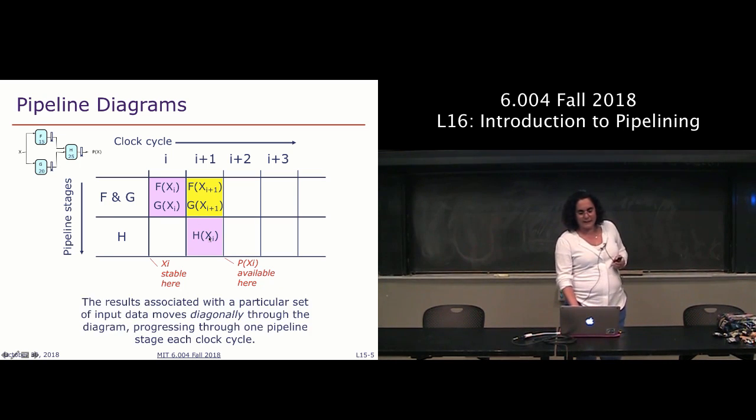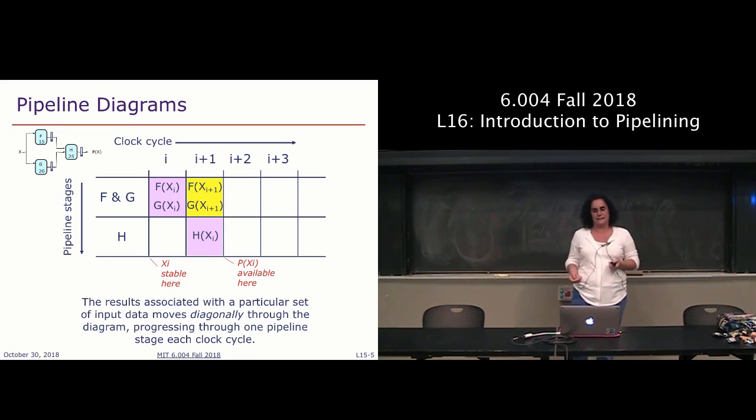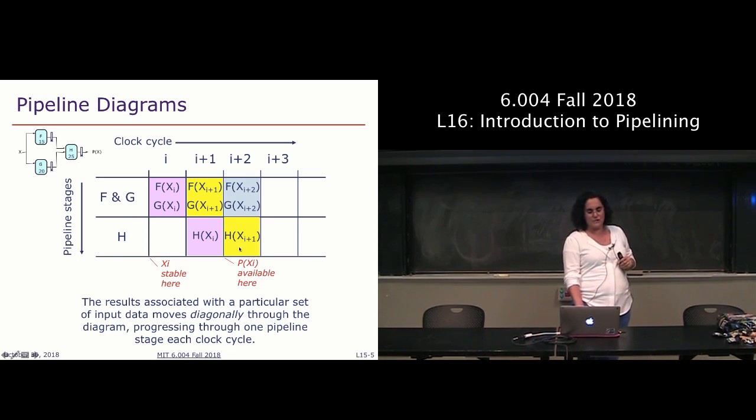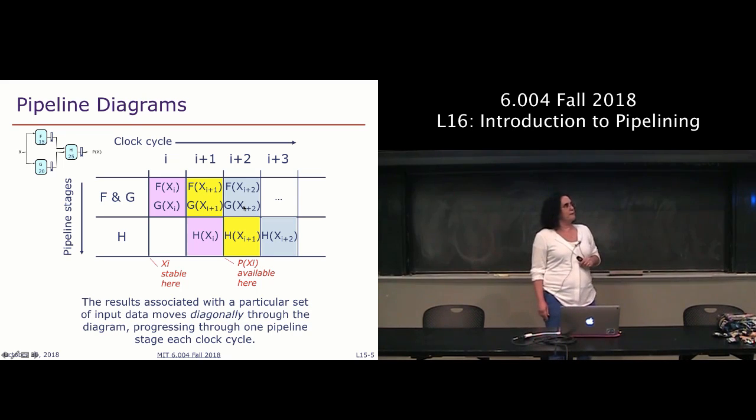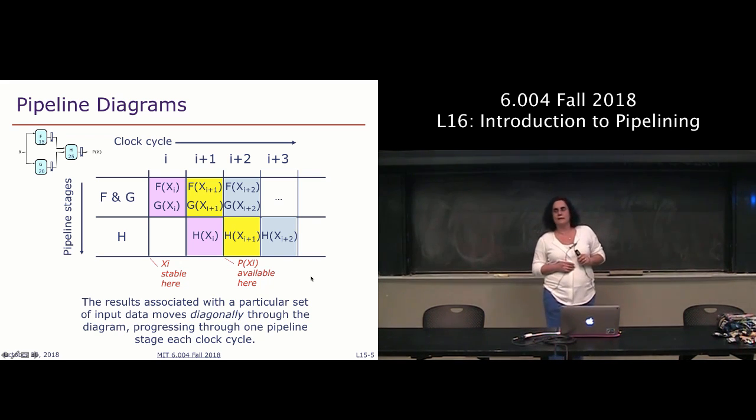If we continue this thought, while my H was working on x of I, my F and G started working on the next input, x of I plus 1. Then in cycle I plus 2, H completes working on x of I plus 1, and we begin the next one, and so on, okay? And so we're going to see this diagonal propagation through our pipeline diagrams. Any questions about that?